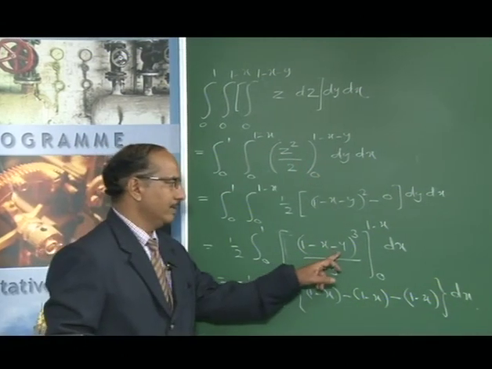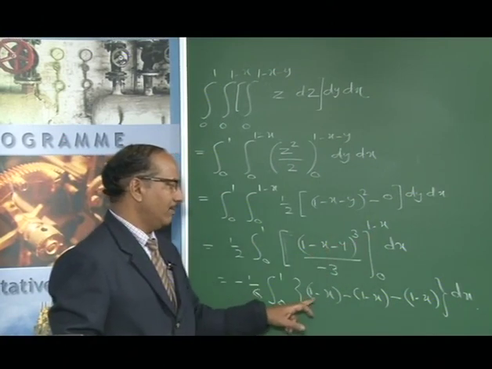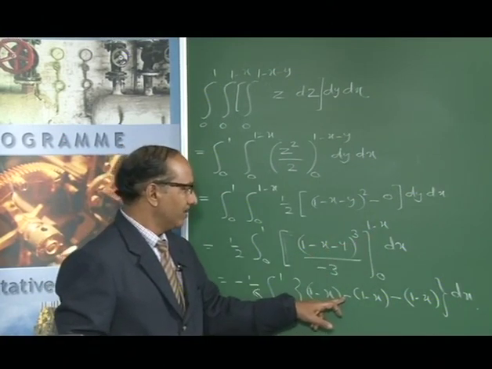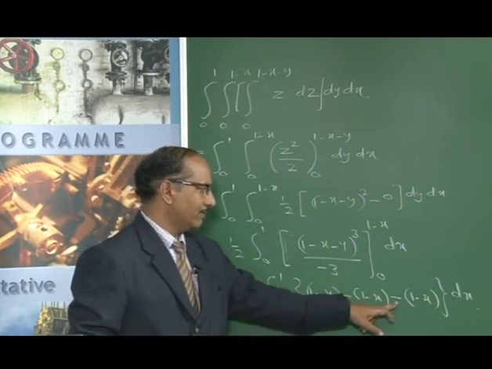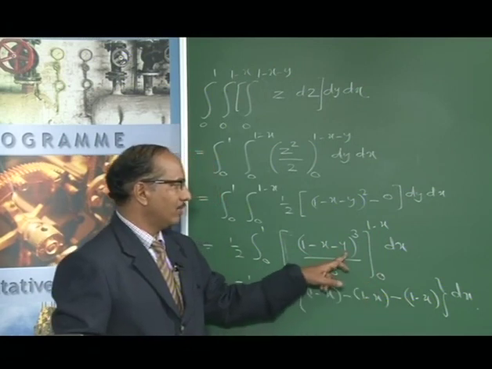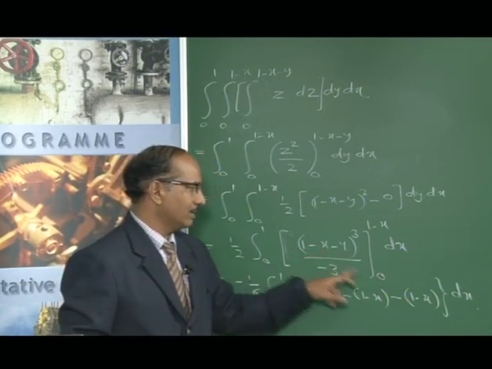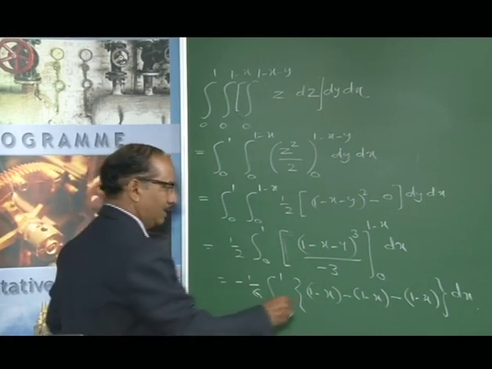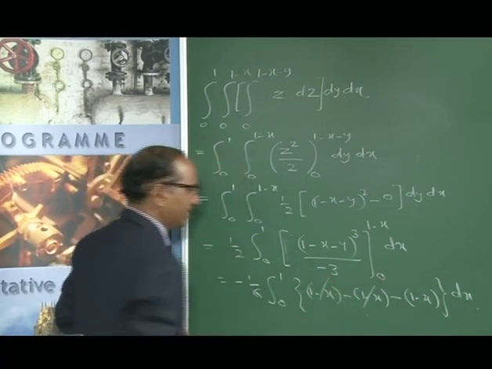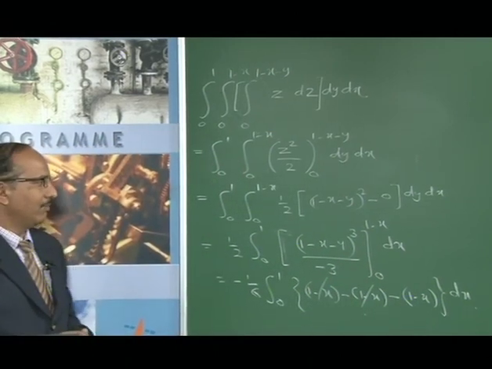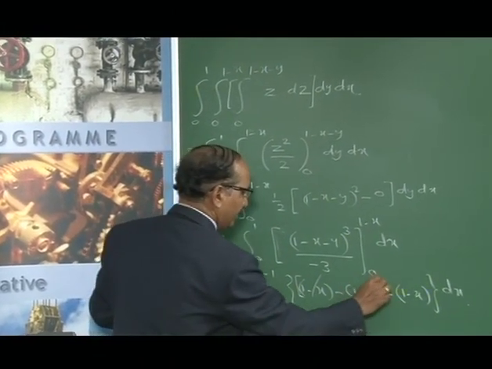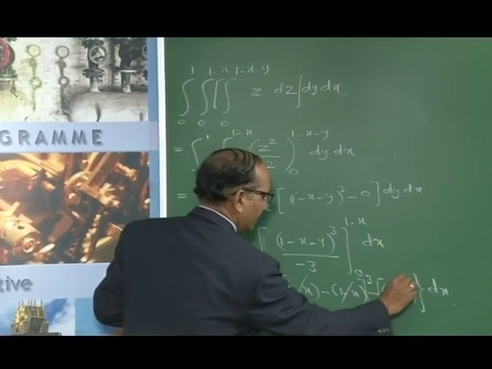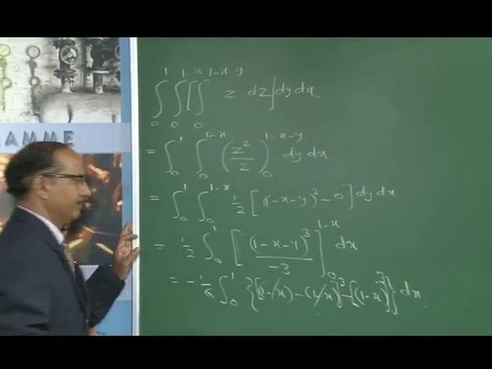Putting y is equal to 1 minus x here, 1 minus x minus y is 1 minus x, minus is the rule of integration. Then put the lower limit when y equal to 0, that is 1 minus x. These two cancel, it is minus of 1 minus x, their power is there, that also you consider raised to 3, here also raised to 3.